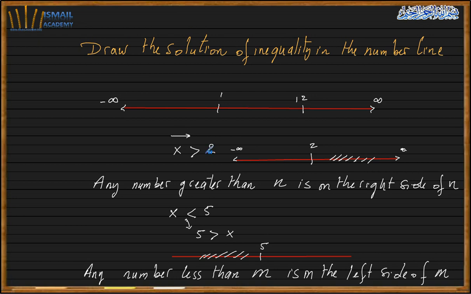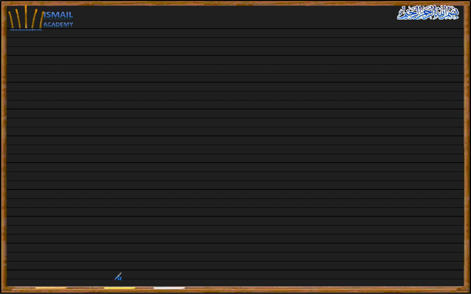So the second thing to do with the drawing is when we have less than or greater than. For example, if I have x is greater than 5, in my number line, I put 5 here and I put an open circle. What does an open circle mean? That means it's not full, it's just a circle around the 5.